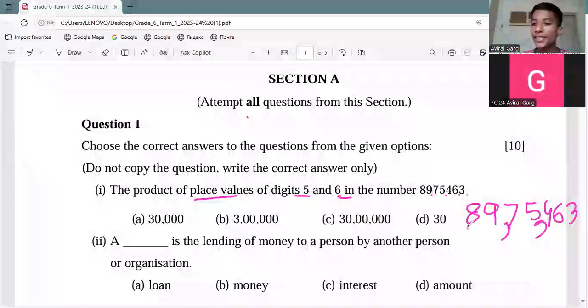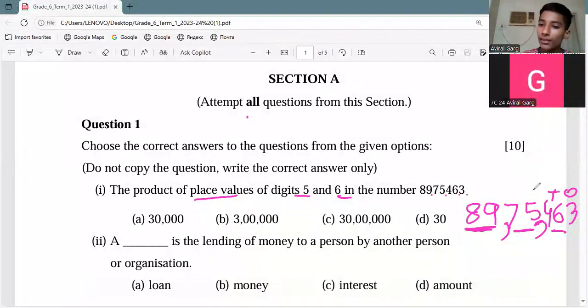So the number is 89,75,463. This would be ones, tens, hundreds, thousands, 10,000s, lakhs, 10 lakhs.